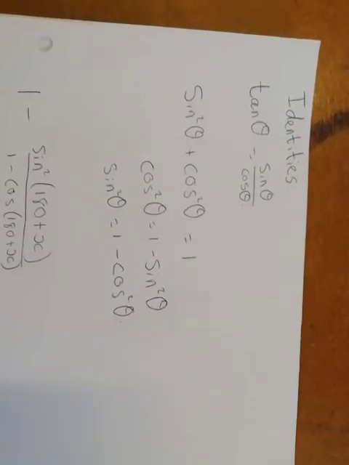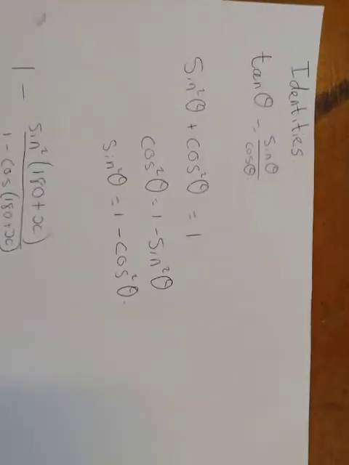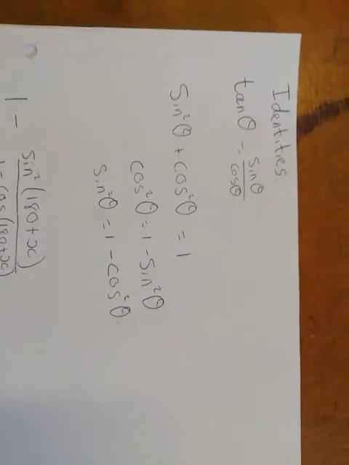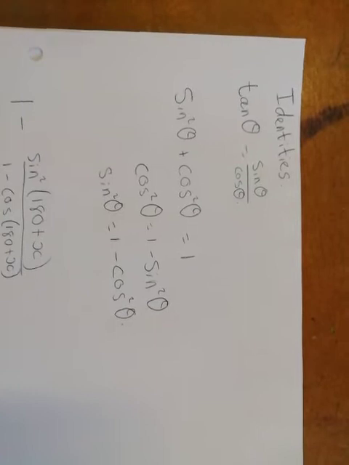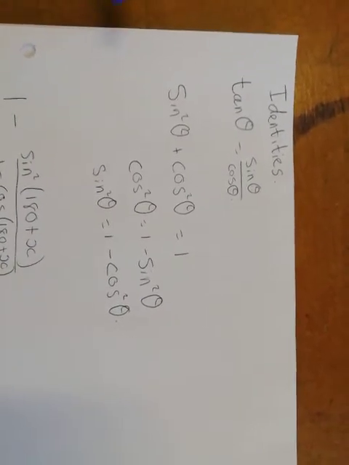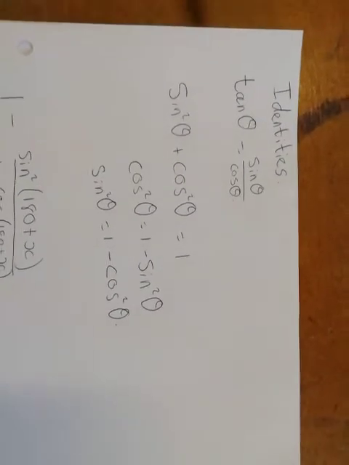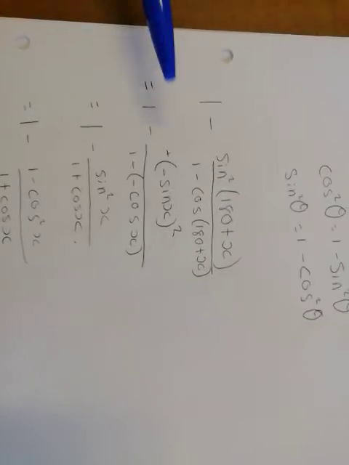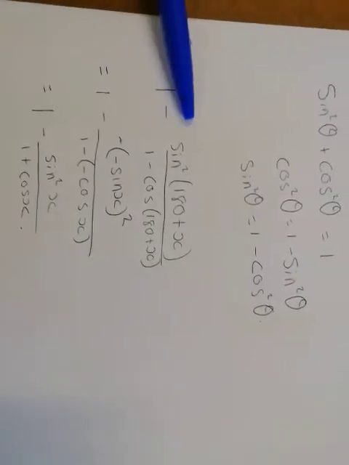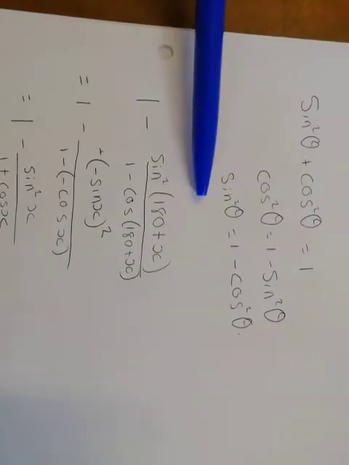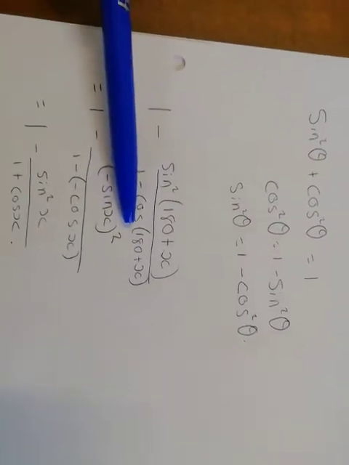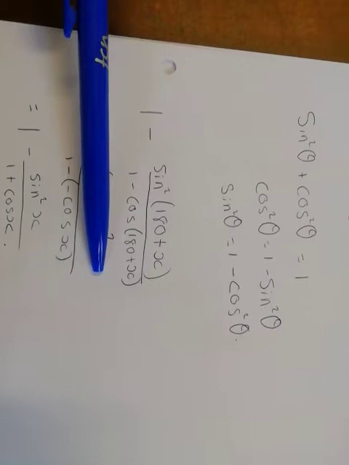These two, with the reduction formulas, are very important to simplify identities and to prove that one side is equal to the other. Proving identities and simplifying, you need to know these two with all the previous work. Basic stuff that they can give you is 1 minus sine squared of 180 plus x over 1 minus cos of 180 plus x.